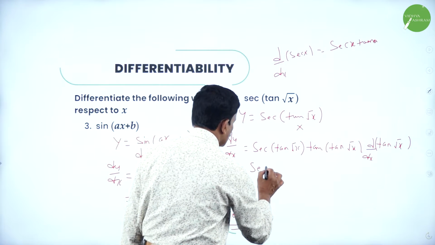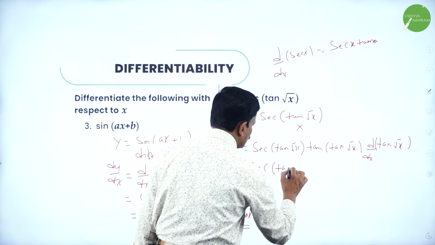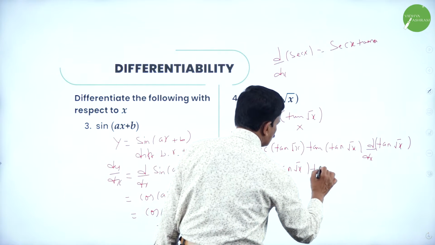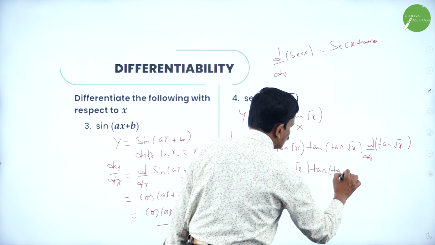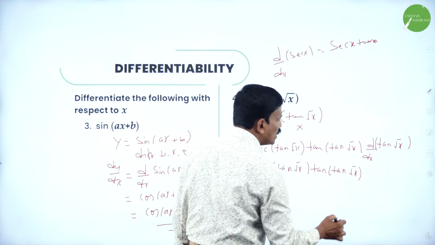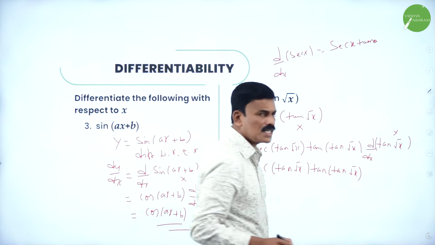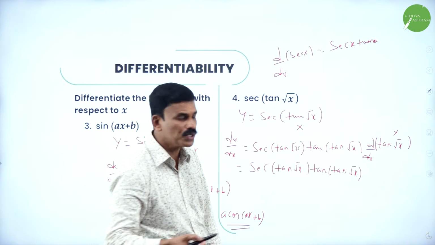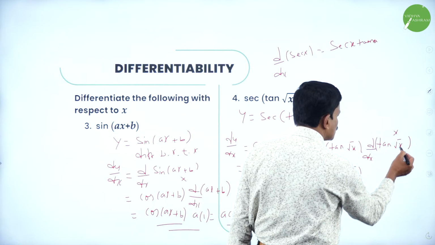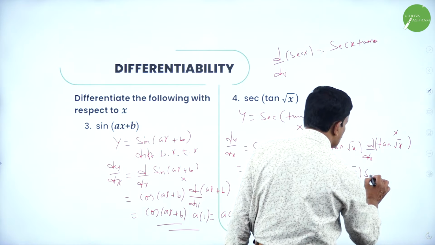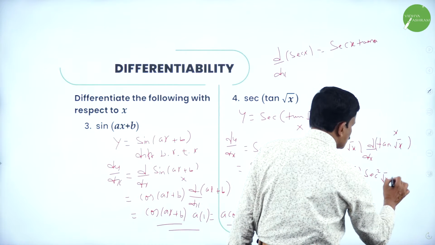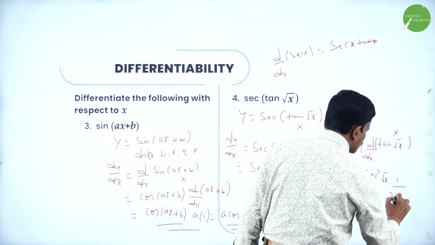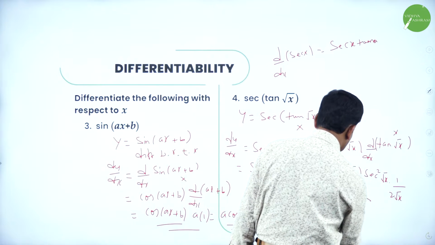So, this is secant of tan root x into tan of tan root x into, again, if it is x, differentiation of tan x is secant square x, instead of x it is root x. So, consider this root x as x, differentiation of tan x is secant square root x into d by dx of root x is 1 over 2 root x.